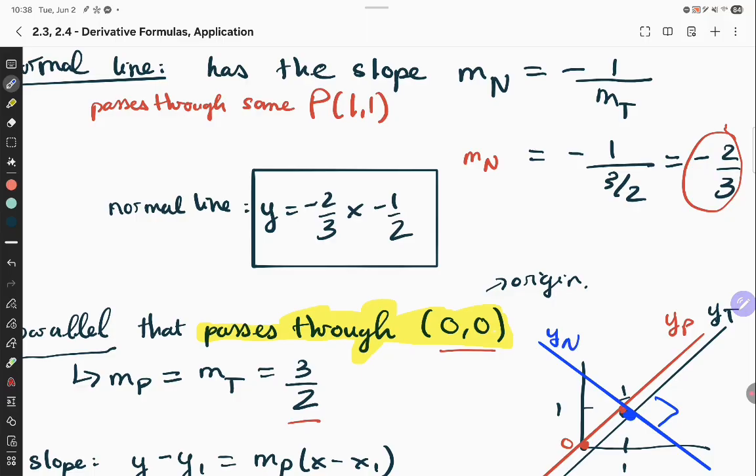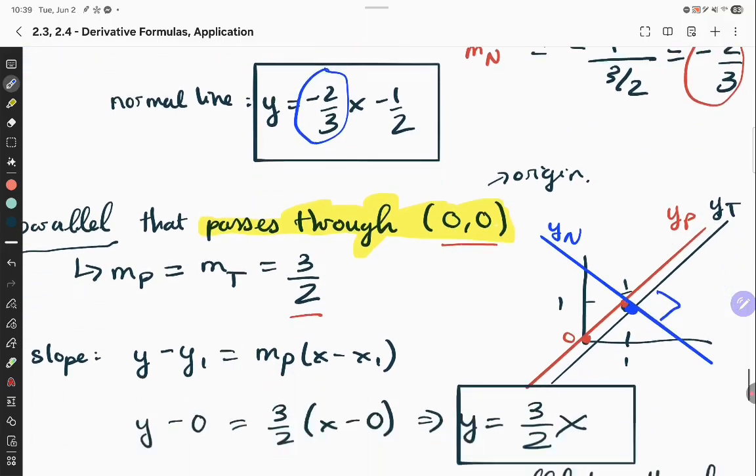I know the slope of this one is this number. I know it's also passing through this point, 1, 1, same as the tangent line. Passing through the same point gives me the same b value right here. So I don't need to plug in again. You just technically find this, change this one. That's good. You change the slope, good. Good question.